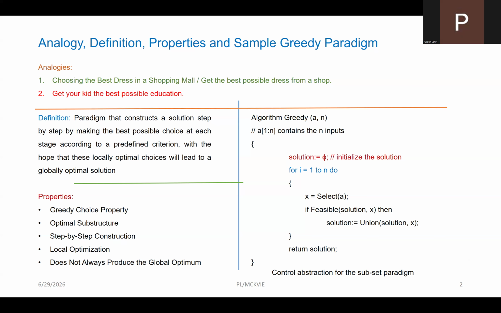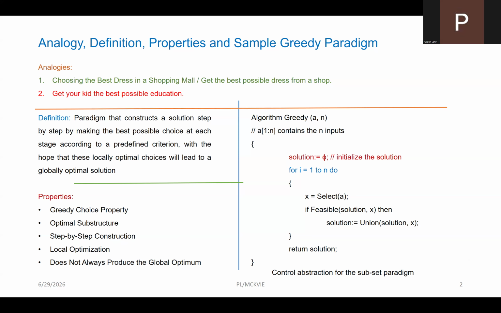The function select selects an input from the array A, which comprises n inputs, and once it is selected, it removes it. The selected input value is assigned to a variable x. The second step is: if Feasible(solution, x), then. What does it mean?